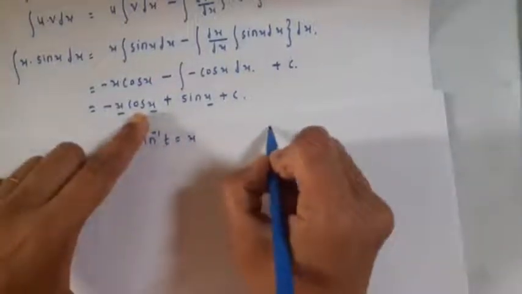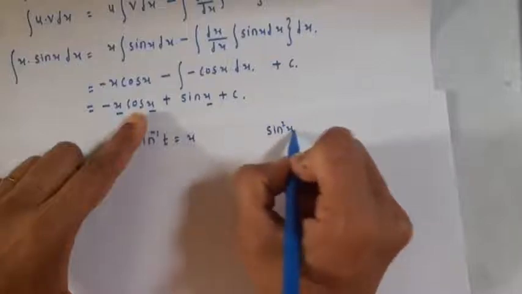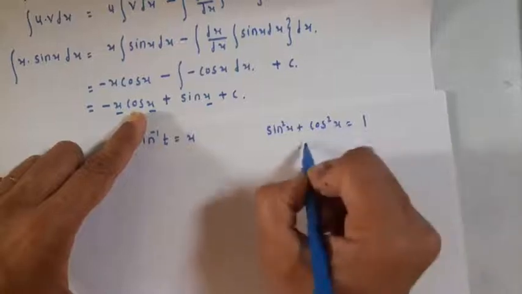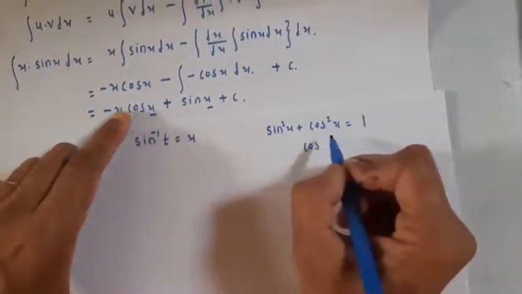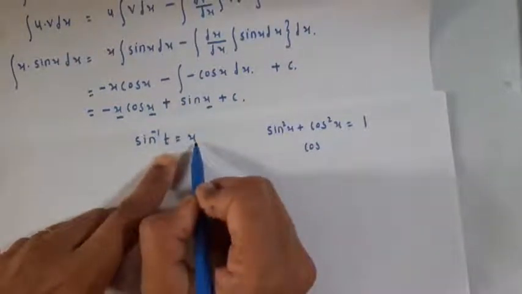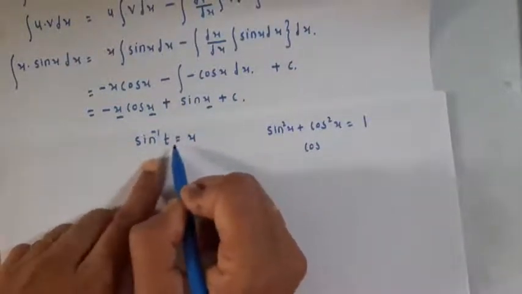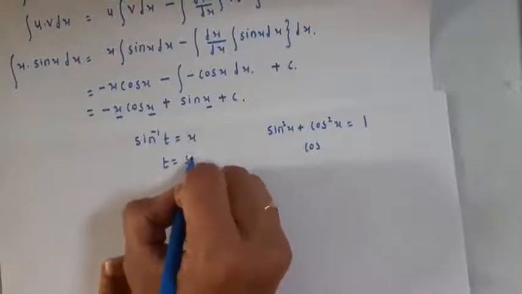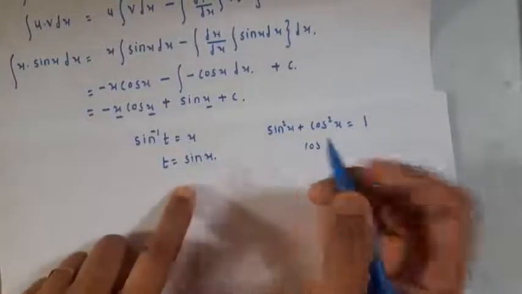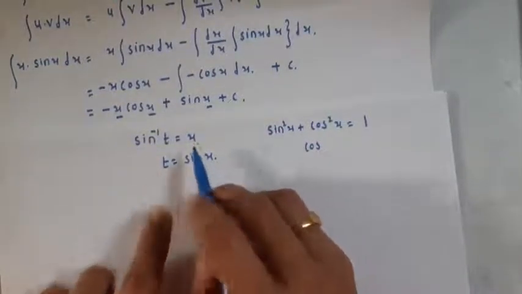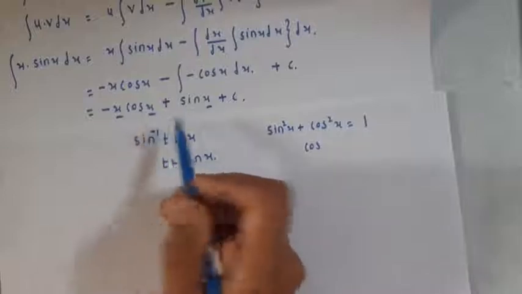You know that sin square x plus cos square x equal to 1. Here sin inverse of t equal to x, and this implies t equal to sin x, and from here we have to put the value of cos x.